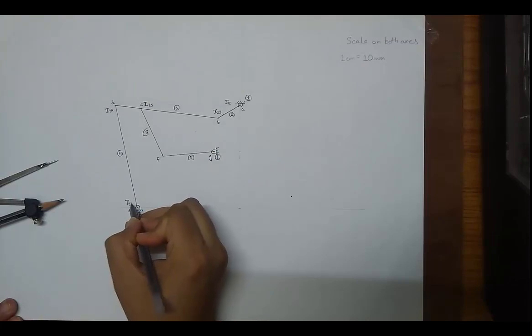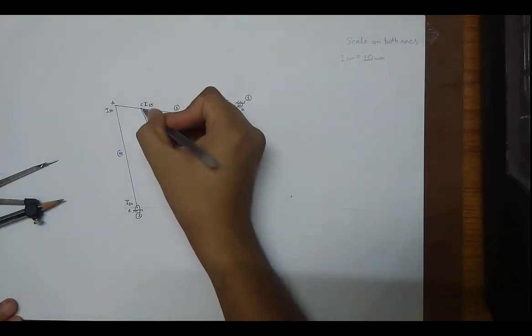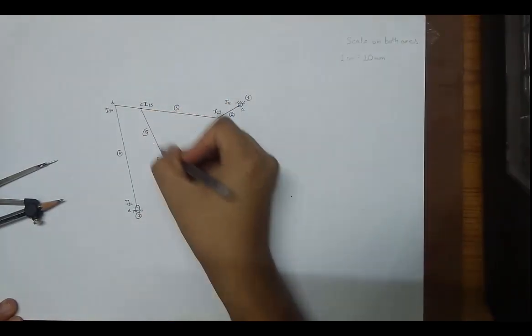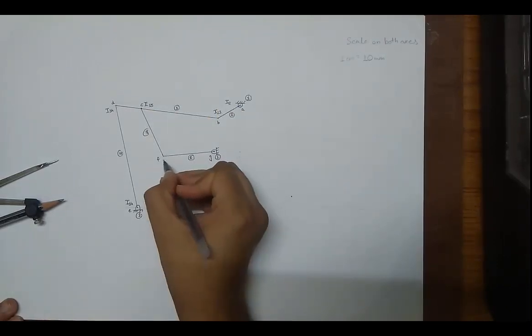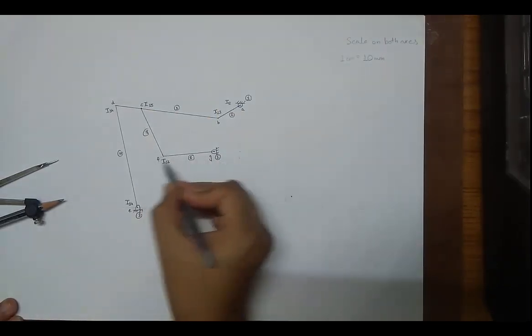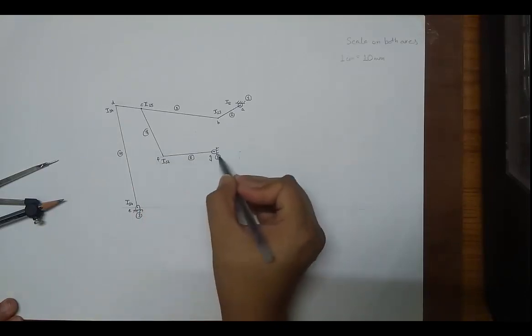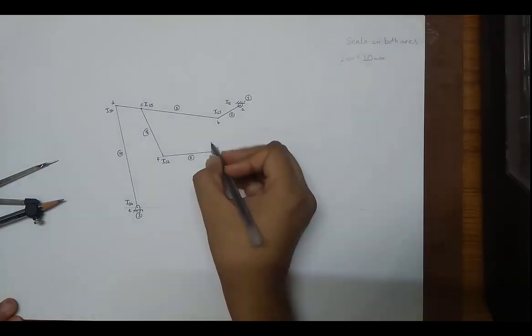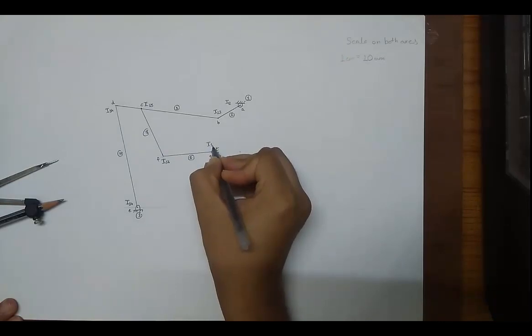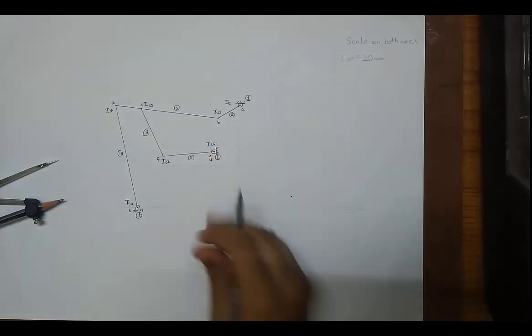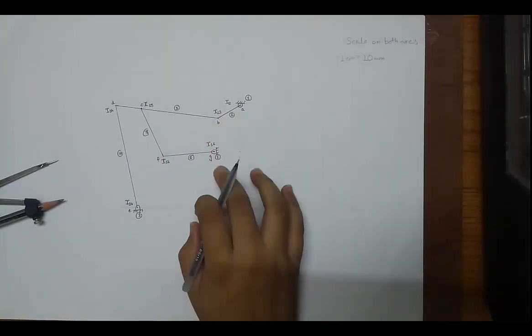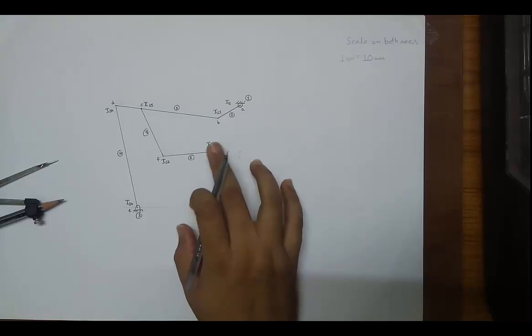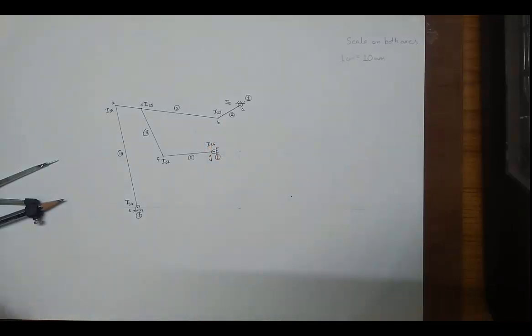So I1,4. Here link 5 and link 6, I5,6. And this link 6 with ground, link 1, I1,6. So I have marked all the revolute joints with the corresponding ICR.